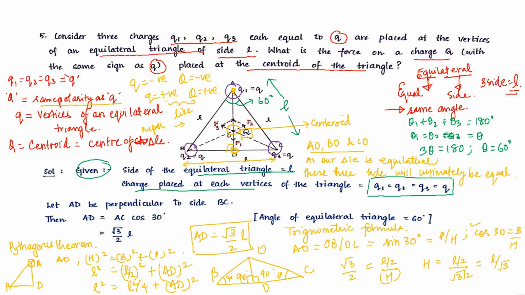So what is the value of AO, BO and CO? It is L upon root 3.